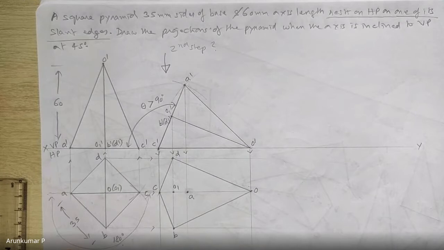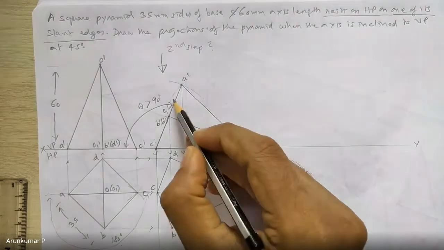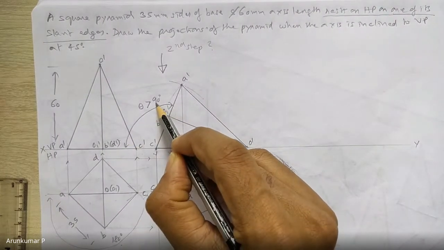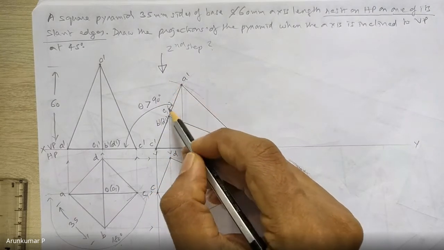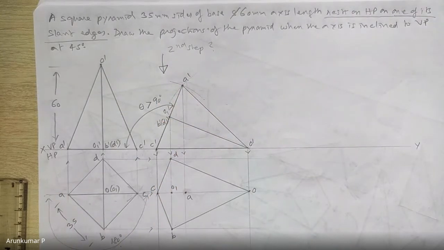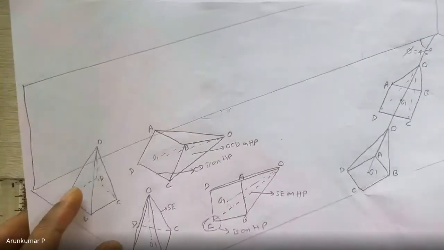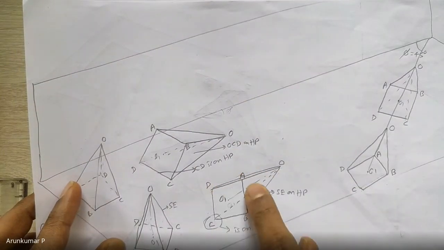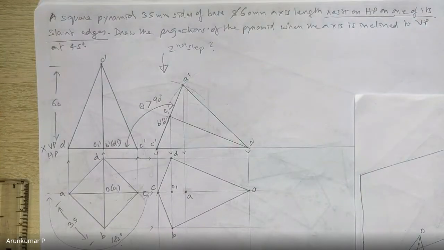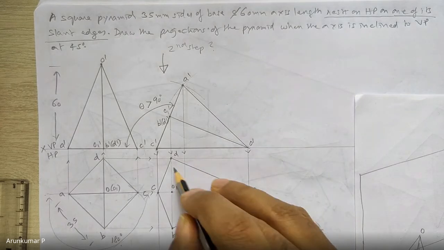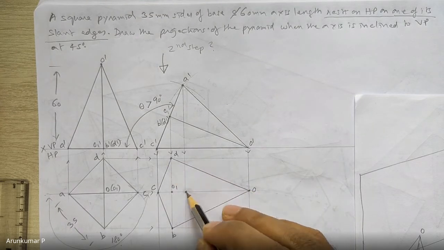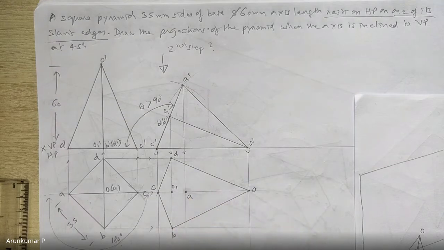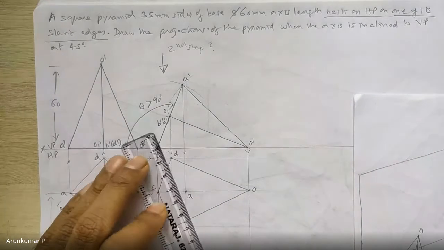Please understand. The inclination of the base with HP is more than 90. So when you look from the top, the base will be seen. And if you see the 3D view also, you can make out. If you look from the top, the base is completely seen. So if the base is seen, that means you have to join A to D and A to B, because all these edges and corners are seen.